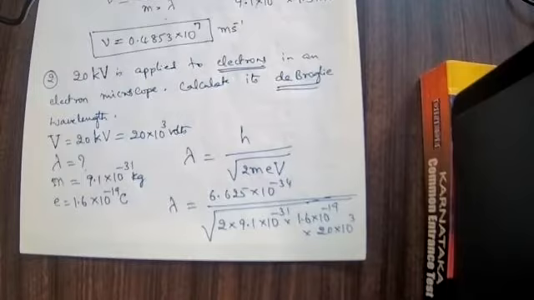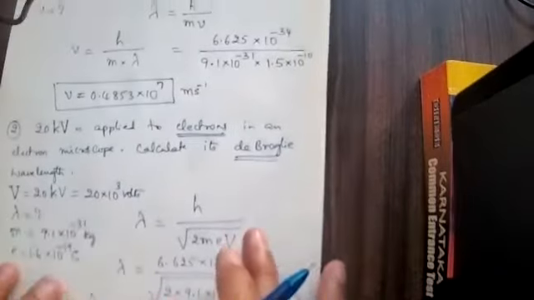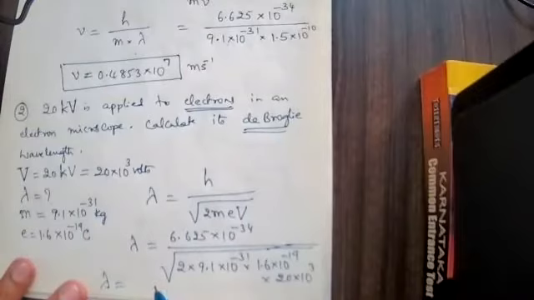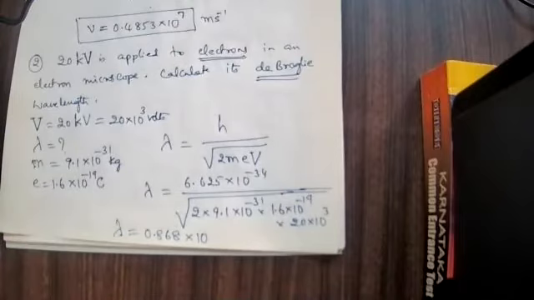You got the answer? 0.868 times 10 to the power of minus... how much?